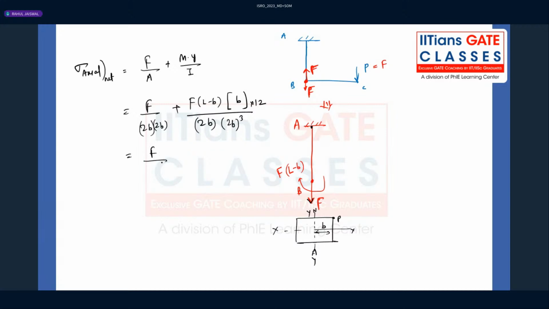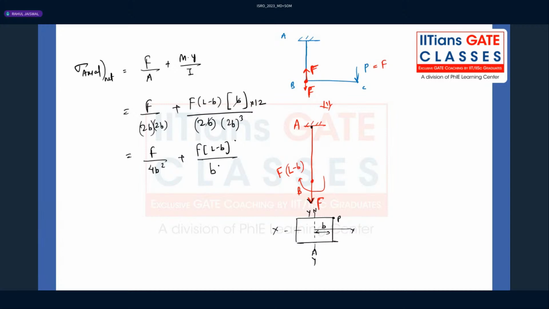So here we can write F divided by 4B squared plus F into L minus B. When you simplify, this B will cancel out.